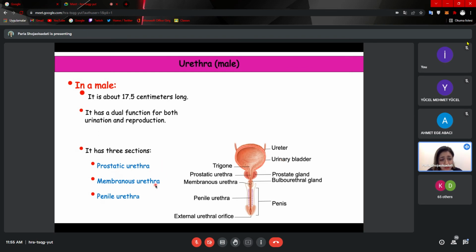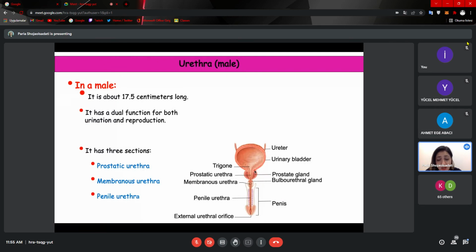Sometimes in some references it's divided into four parts, but in some references we can see three parts. In the four-part division, we divide the urethra into the preprostatic, prostatic urethra, membranous urethra, and penile or spongious urethra.